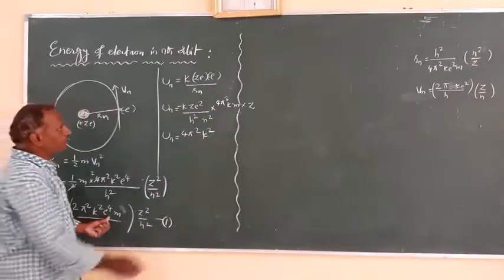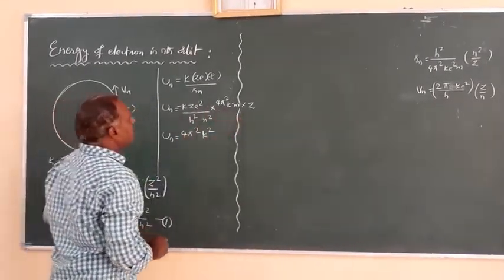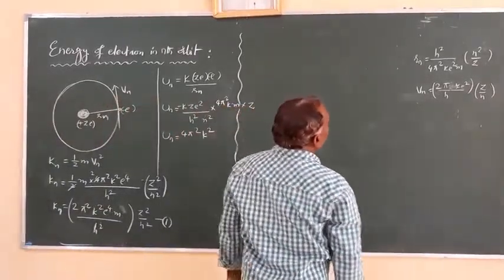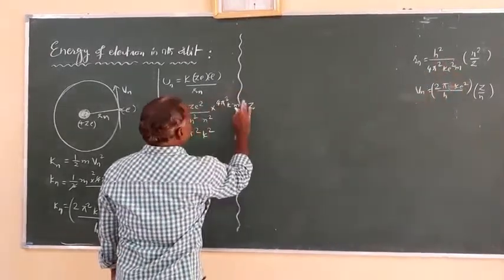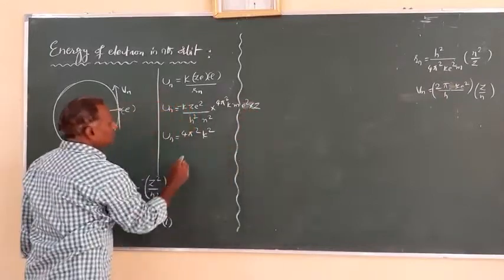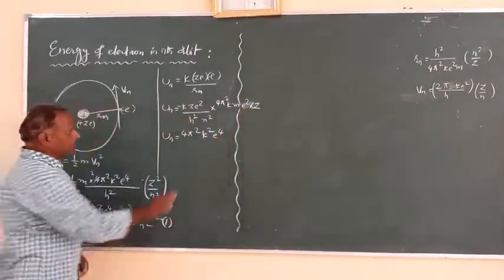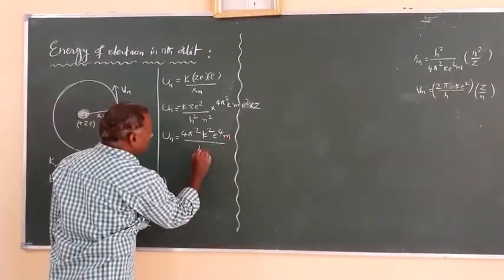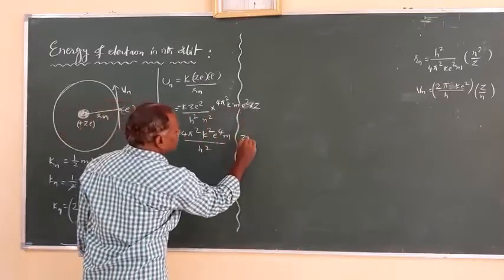Next e power 4, here e square, and here you can observe m e square into Z. So it will come as e power 4, and next m, divided by h square. Then the remaining value is Z into Z, it is Z square.